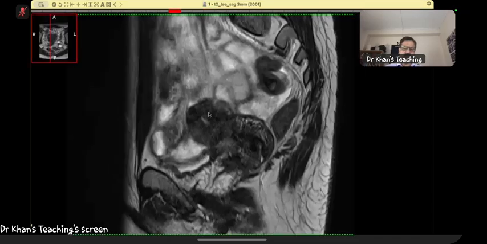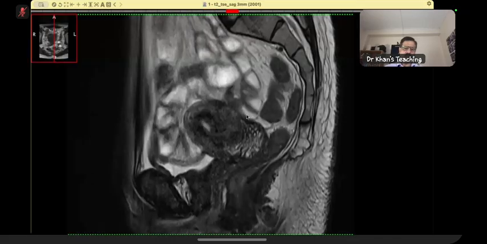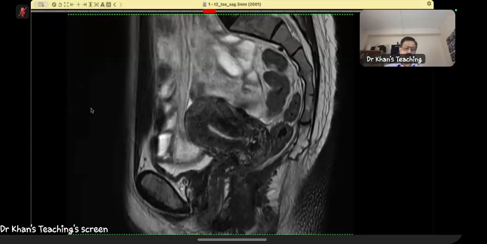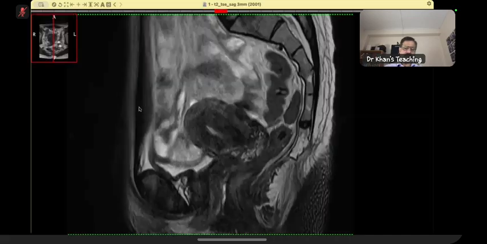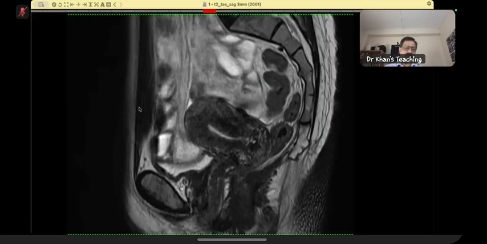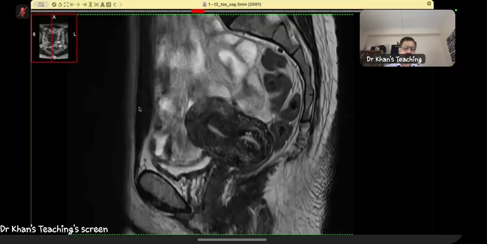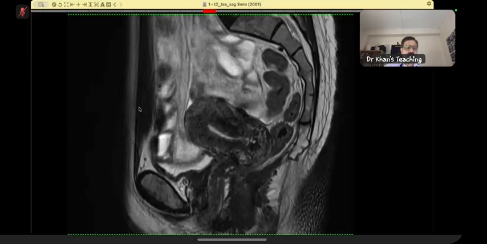Key point to remember, and this is for your day-to-day practice: whenever there is a gynae scan for structural abnormality or infertility, or at times they will pick it up on ultrasound and ask for MR, they will say, please confirm whether this is arcuate or septate.